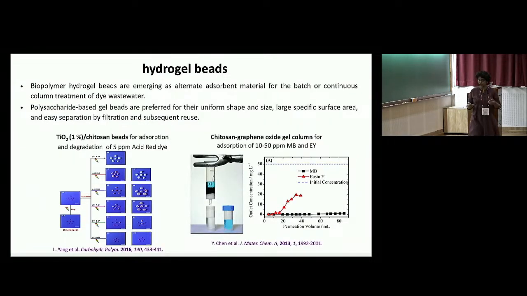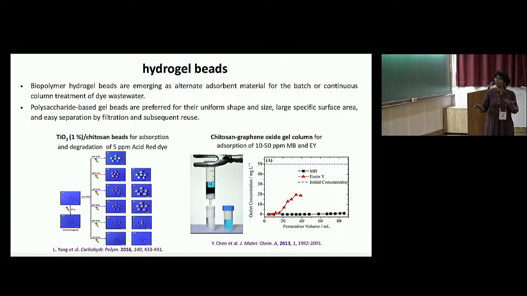The other advantage of hydrogel materials is that they can be made into other shapes. And this is one example where the hydrogels are made into beads. The beads are just circular matrices of hydrogels in which something is embedded. In this case, these beads are made as a packing material for these columns to purify contaminated water.